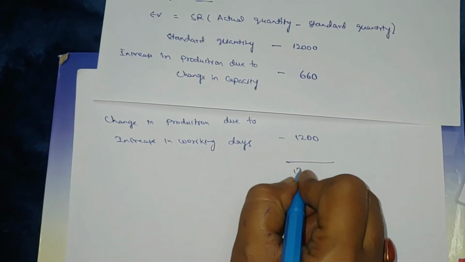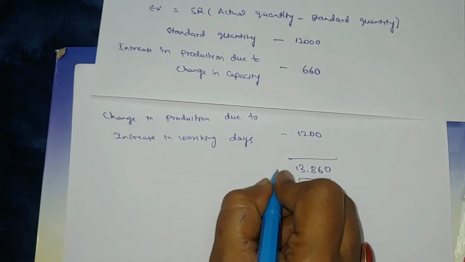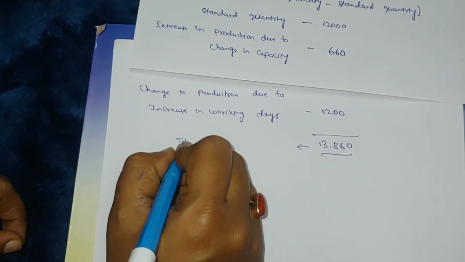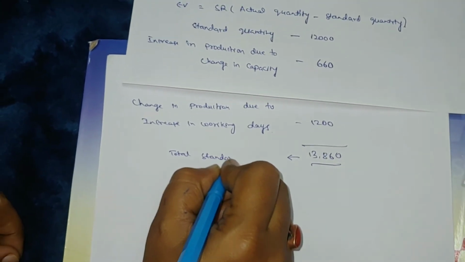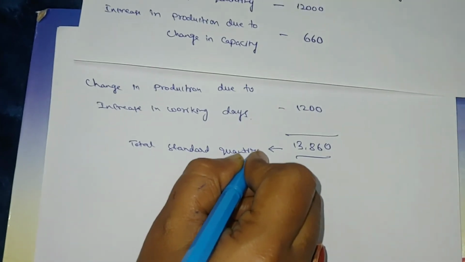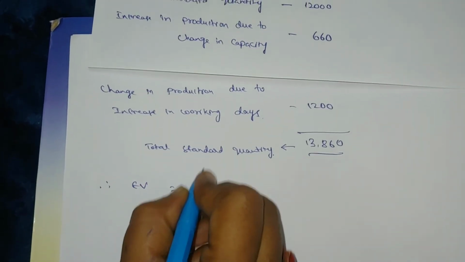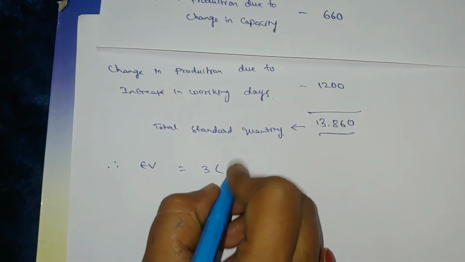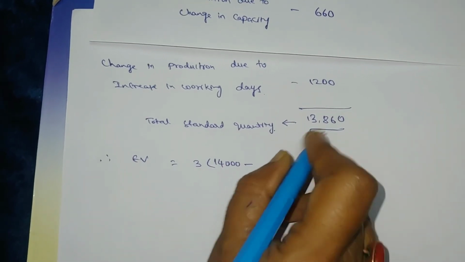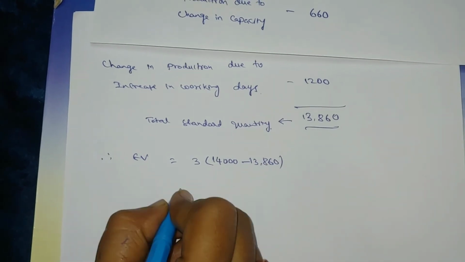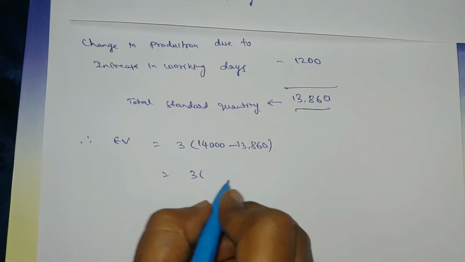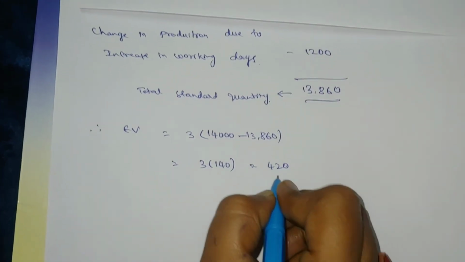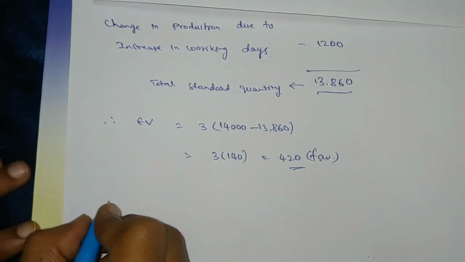Total is equal to 13,860. Therefore, efficiency variance is equal to standard rate, 3 rupees, into actual quantity 14,000 minus 13,860, equal to 3 into 140 is equal to 420. It is favorable.